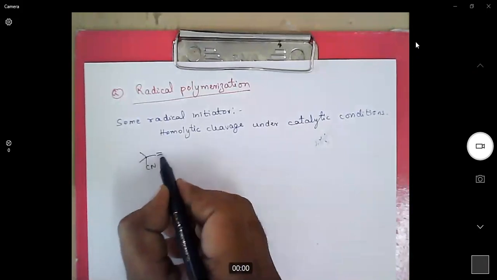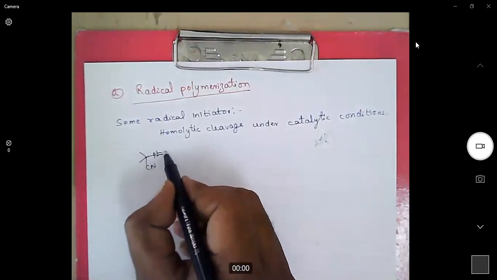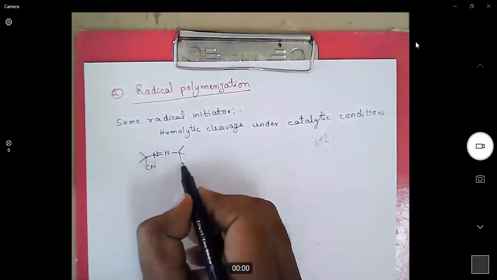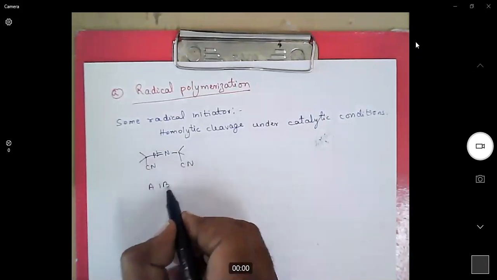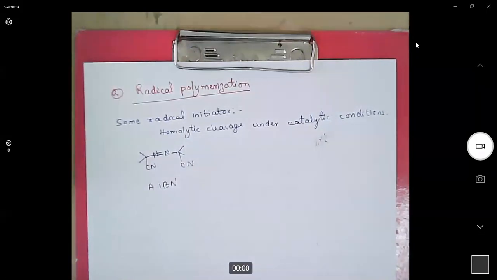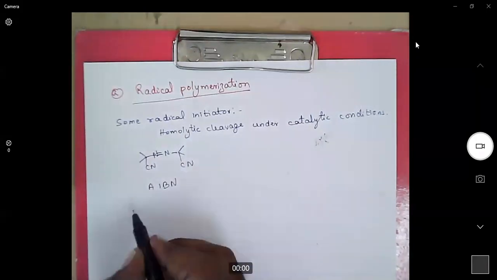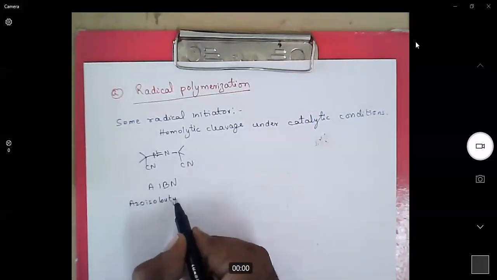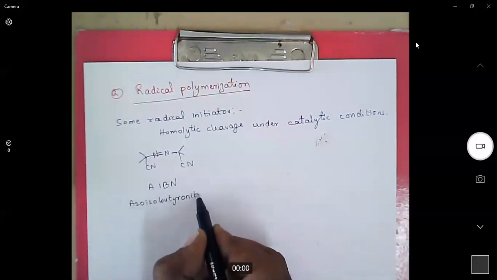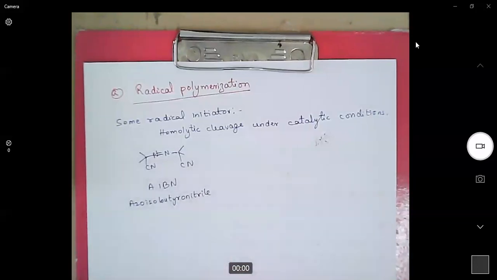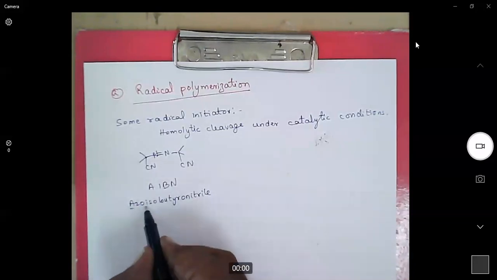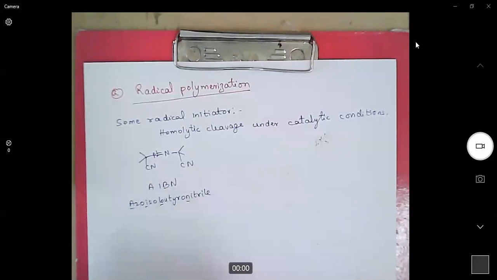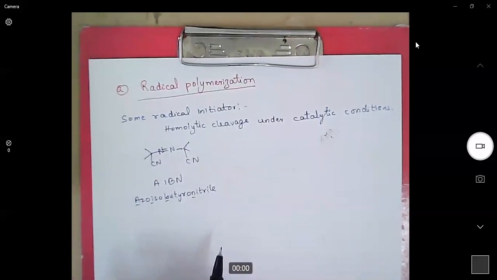This radical initiator is famous as AIBN, azoisobutyronitrile. This is a very famous radical initiator used in many organic reactions.